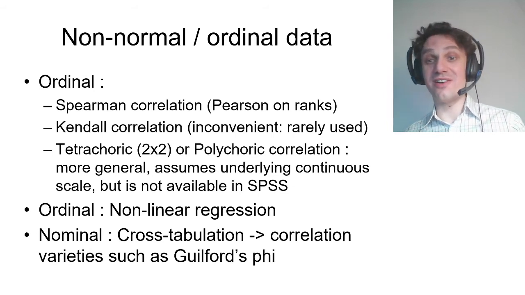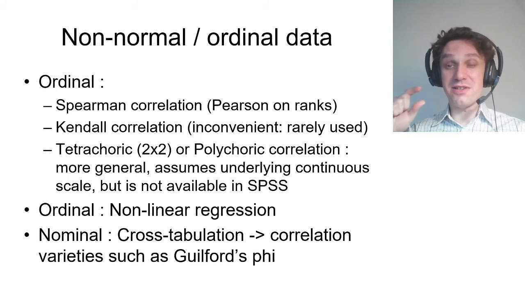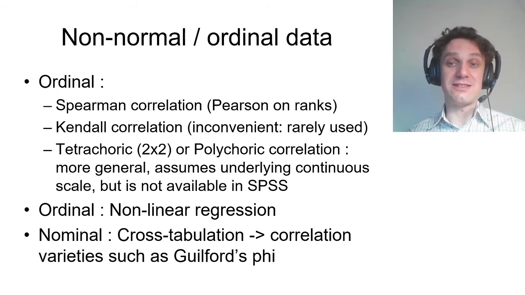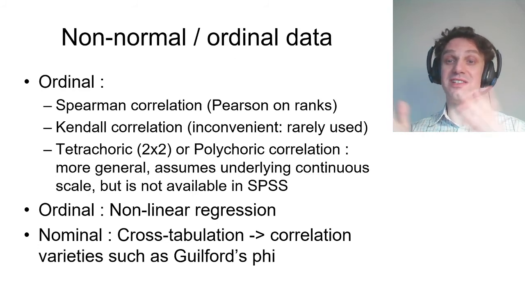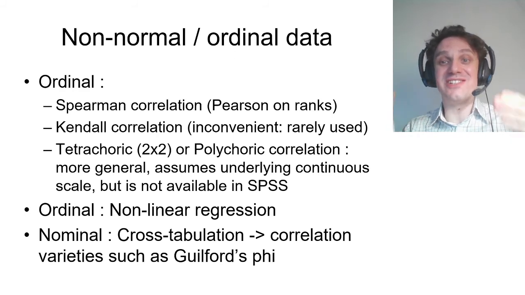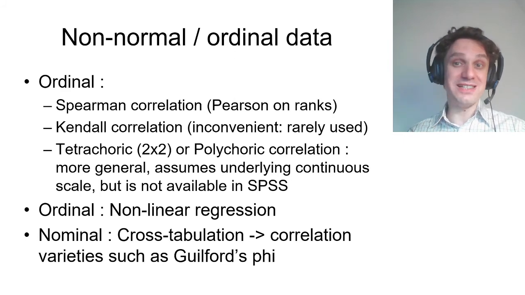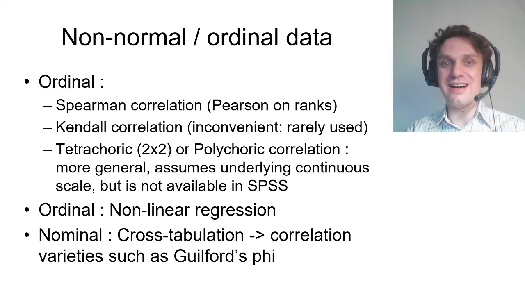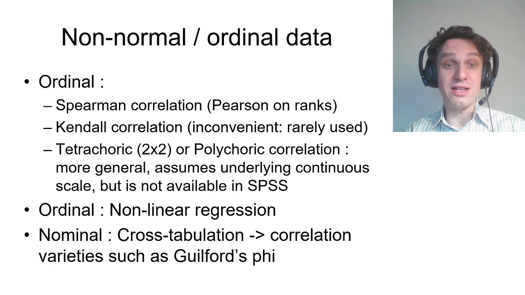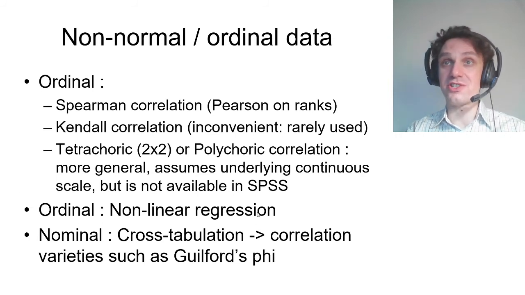That's why polychoric correlations are often used in the context of test development, because they produce more precise estimates for correlations between different Likert scales when you assume that there is a continuous property which is quantified by this Likert scale. But in SPSS, polychoric correlation is not given, but in R you can calculate it easily, or in other packages. And also you can use a nonlinear regression approach.